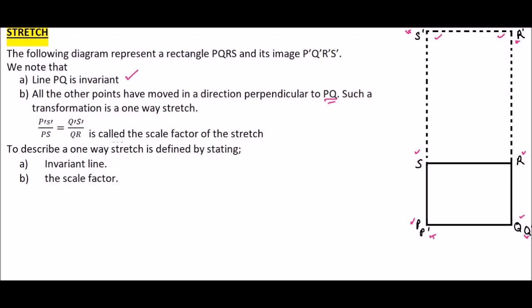Here we say the image PS divided by PQ is also equal to Q prime S prime divided by QS. So this gives you the scale factor. That is how we describe this kind of transformation: the invariant line and the scale factor. We are going to look at one example and see how it works.